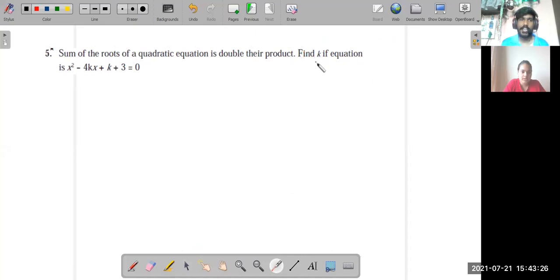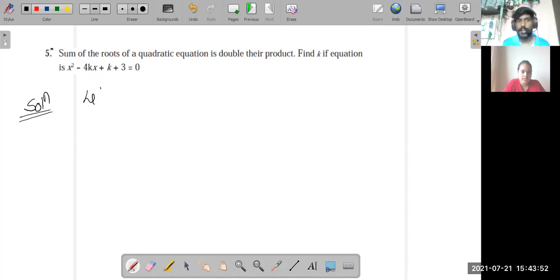Find k if the quadratic equation is x square minus 4kx plus k plus 3 is equal to 0. So the main information given in the question is this first line: sum of roots is double the product. So I'll start with the solution.